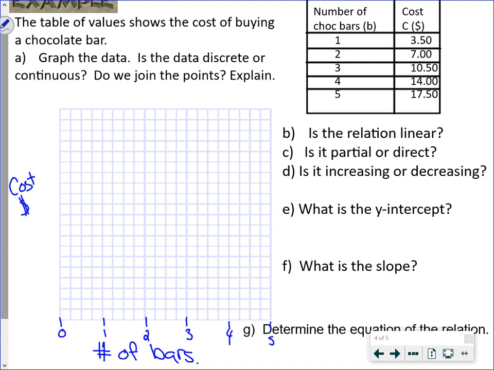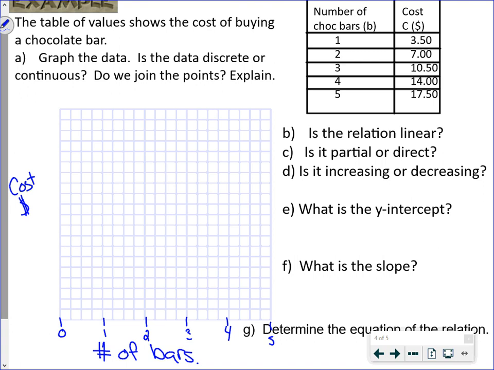Okay, so our graph has to be spaced out the same amount between each value for the X part. So I don't want to leave 2 spaces between 0 and 1, and then 5 spaces between 1 and 2. I want to keep it consistent all the way along. For the cost, again, same thing, I need to make a scale.